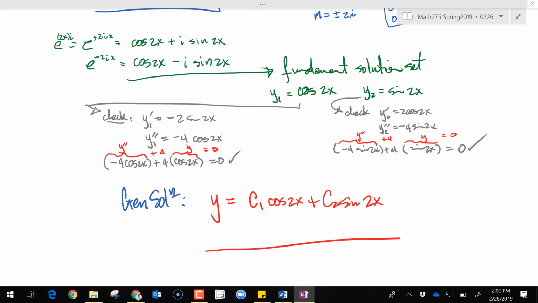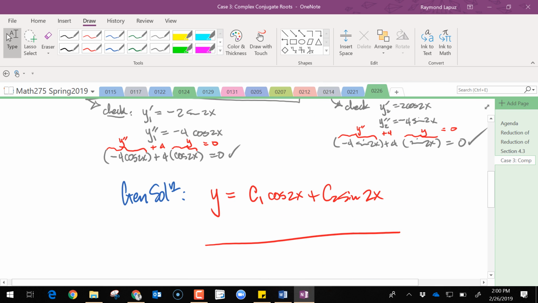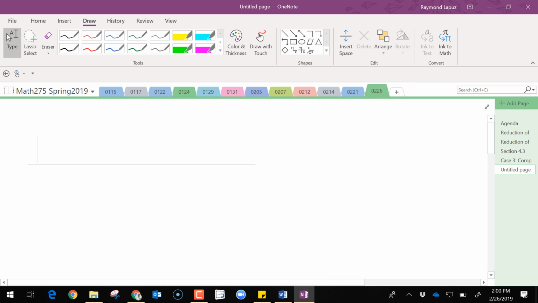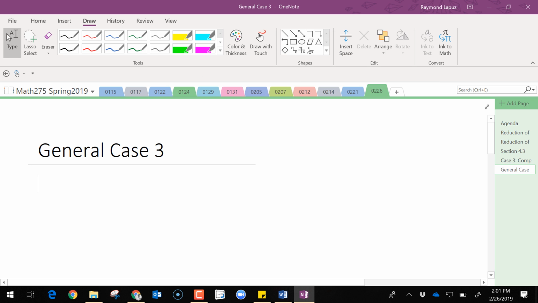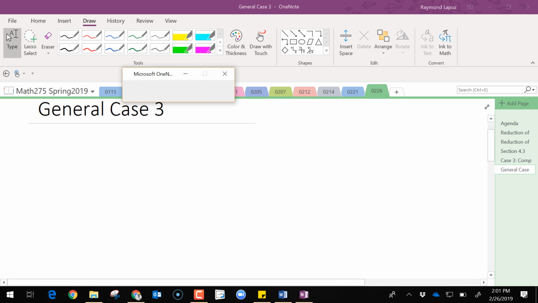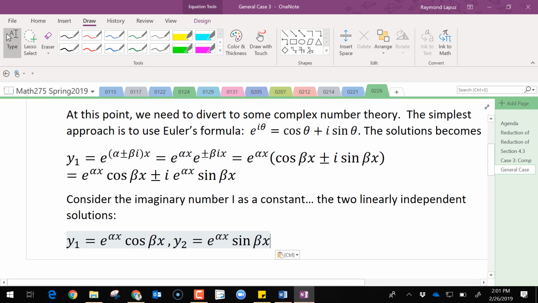Okay. So now that we have this example, I can just copy and paste my notes for the general term. And let's walk through it. So my example had a 0 plus something i.